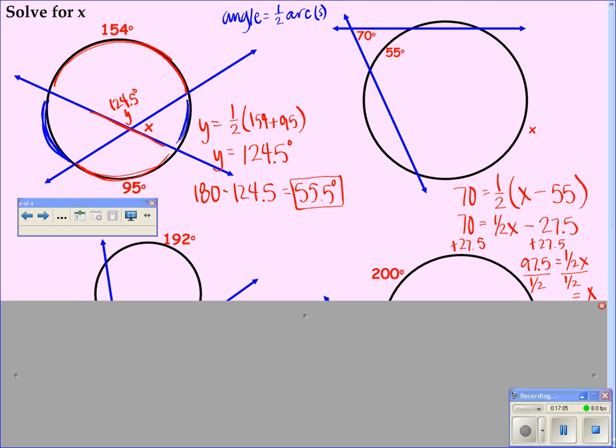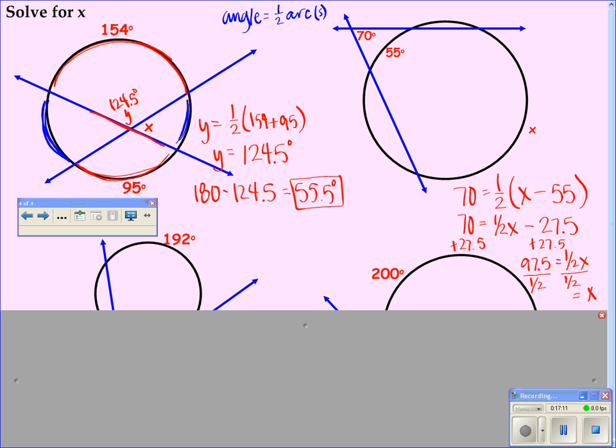No. It needs to get way bigger. 97.5 divided by 1/2 is a big number. What is it? How much? Okay, so that would go here. Okay, 2 left.